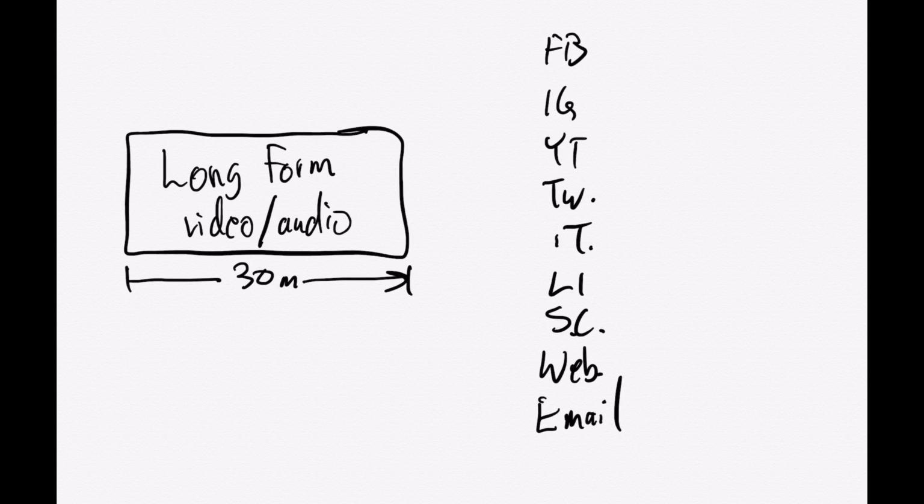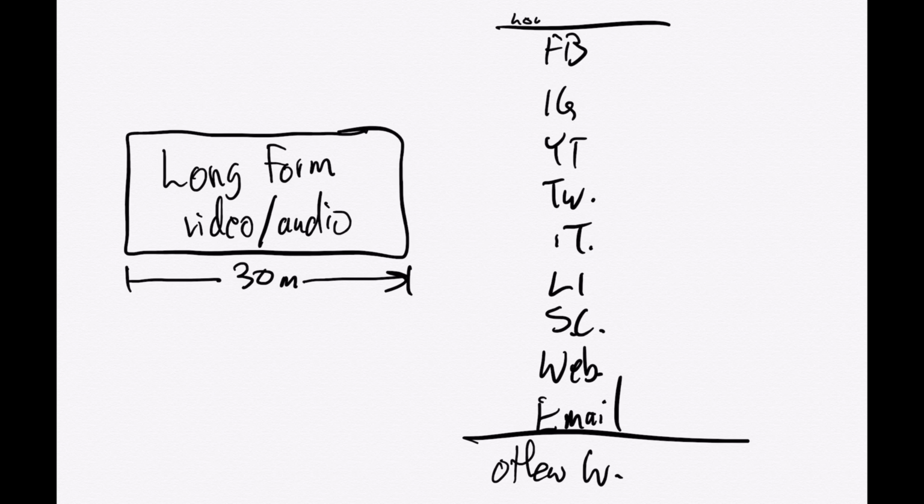And we've got other websites. Other W, it means other websites. So then you take this long form piece of content and you publish it on all these websites or social media platforms. Long form.